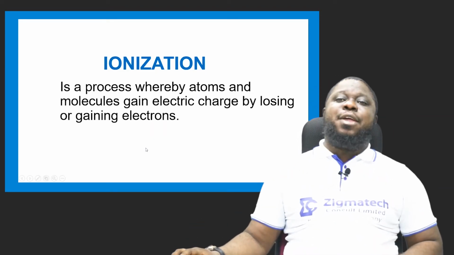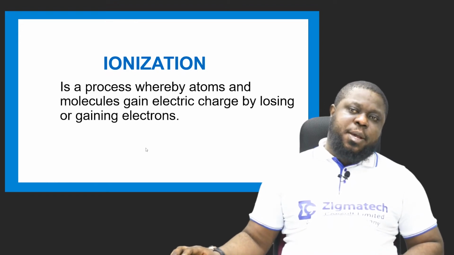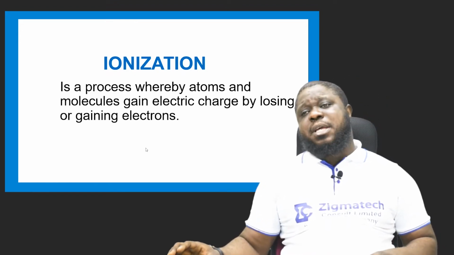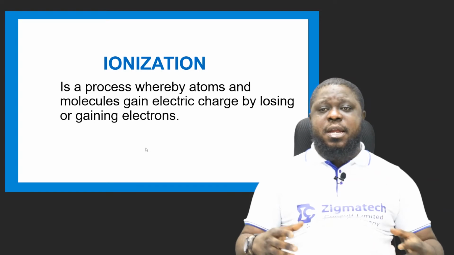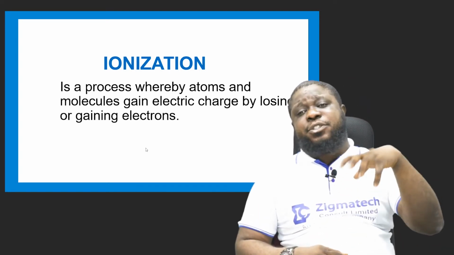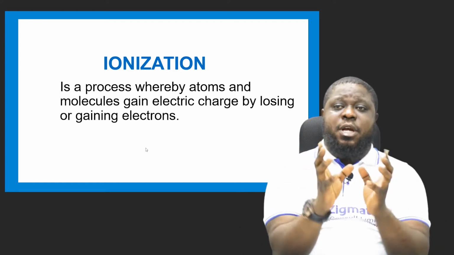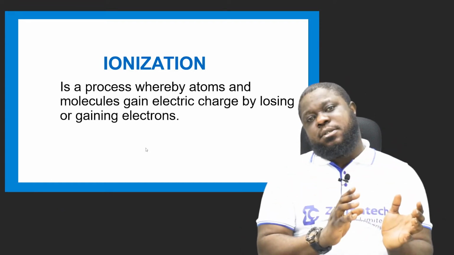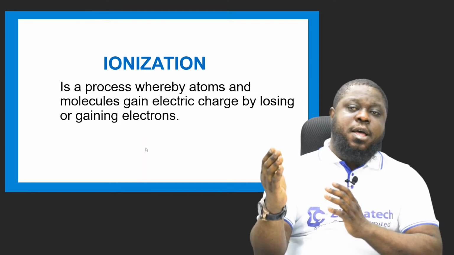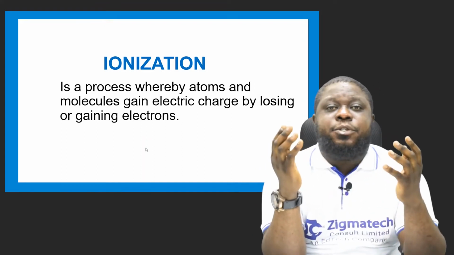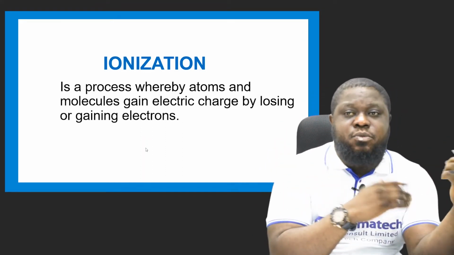And the next one is ionization. It's the process whereby atoms and molecules gain electric charge by losing or gaining electrons. Now, in the first change of state lesson, I showed you a diagram of change of state, how these states of matter transform from one phase to another.